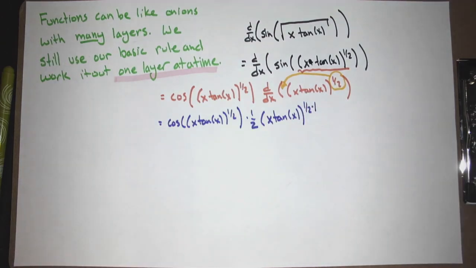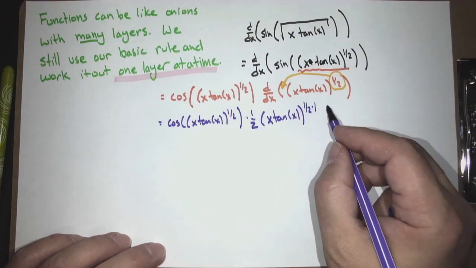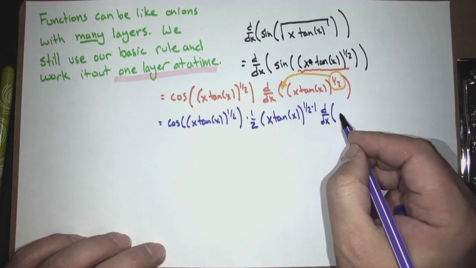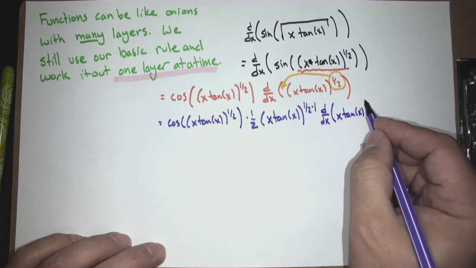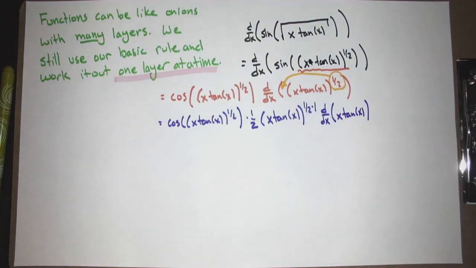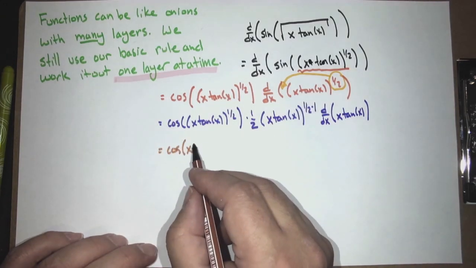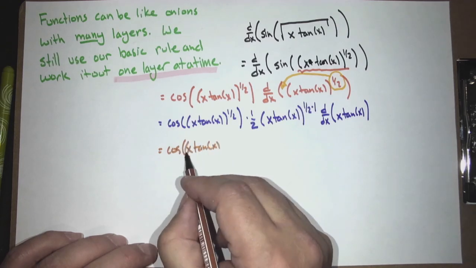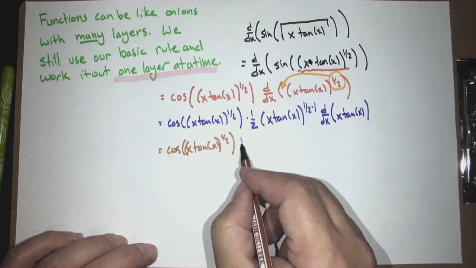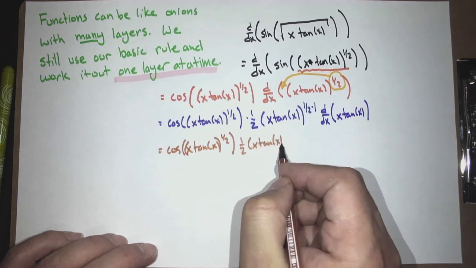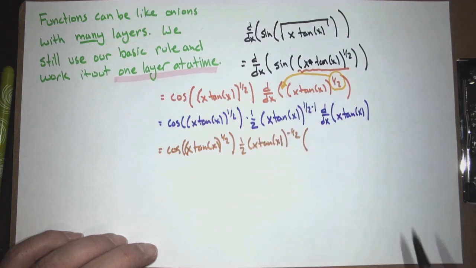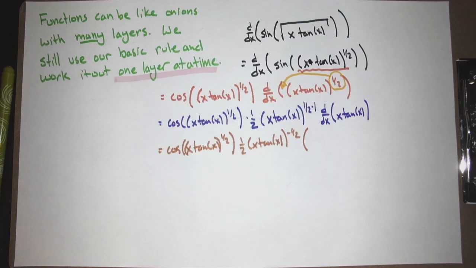Just remember you subtract 1. We'll rewrite it as negative 1/2 in a second. And then what are we going to have? The derivative of x tangent x, the derivative of the inside. That's our next layer. So here we go. We have cosine of x tangent of x to the 1/2 power, times 1/2 x tangent of x to the minus 1/2 power, times the derivative of x tangent x.